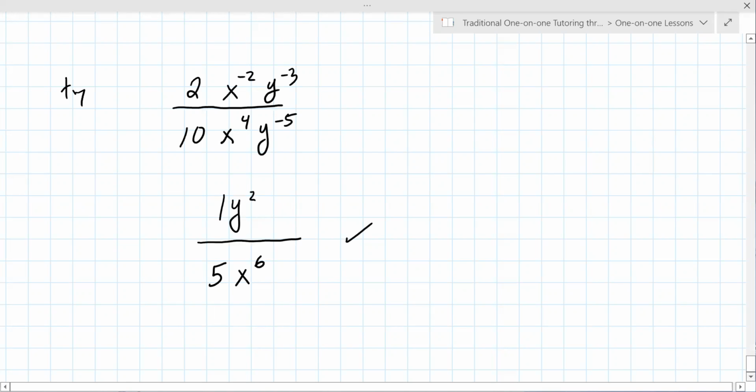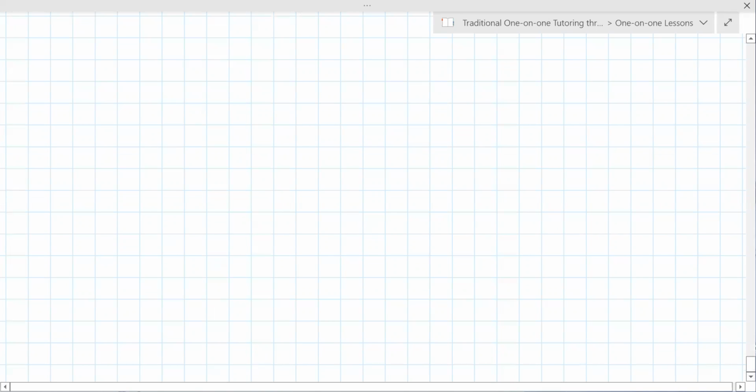Let's have you try one more here. Let's go. 50 u to the 6th, v to the minus 8 over 25 u squared v to the minus 2. Okay.